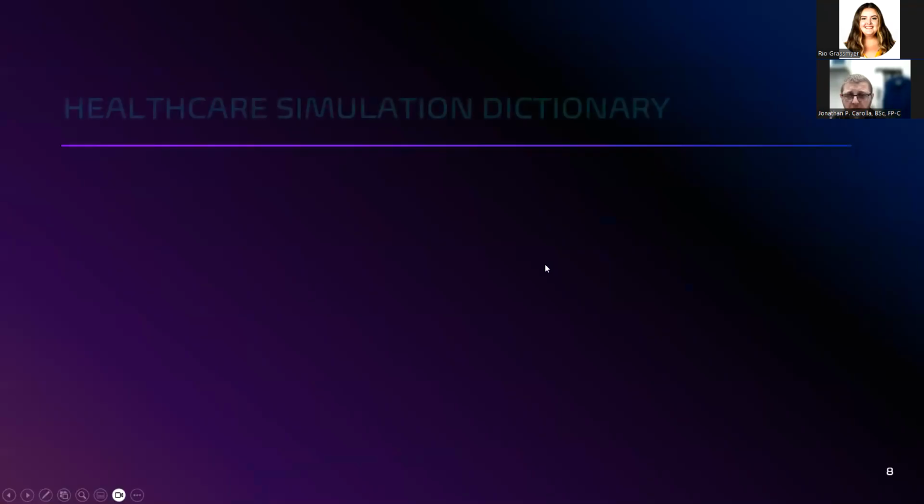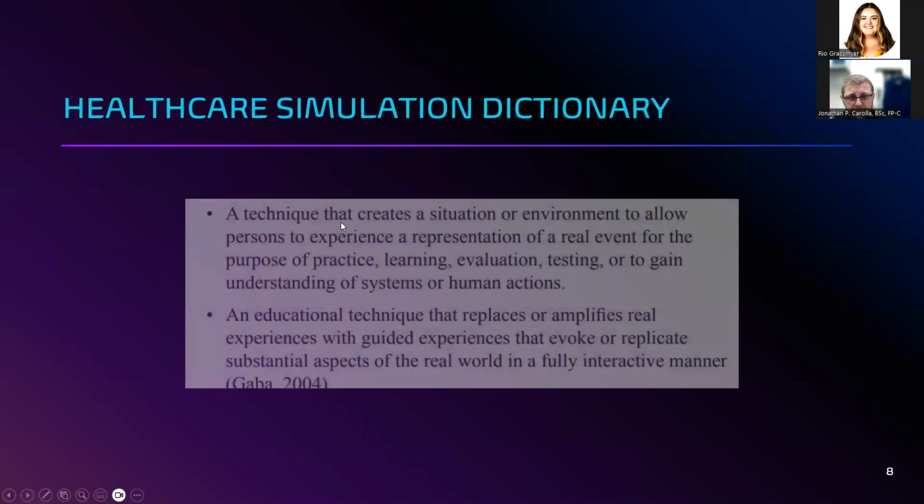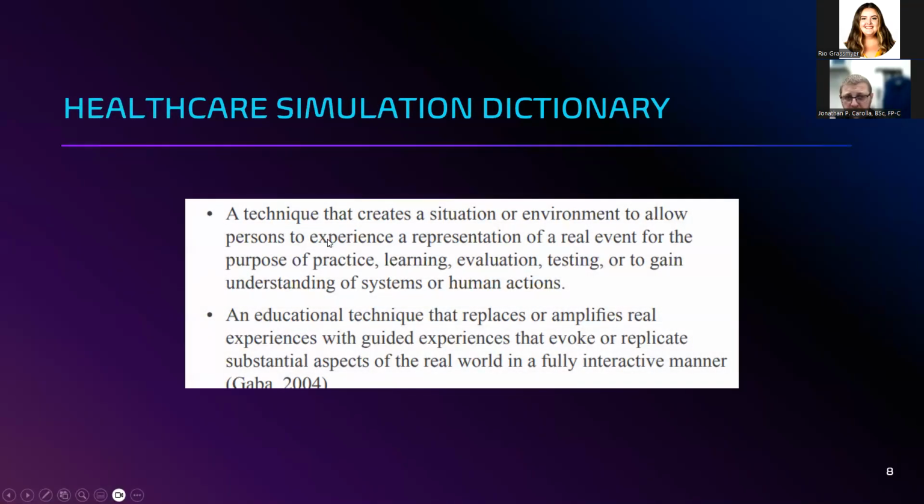I got their definition: simulation is a technique that creates a situation or environment to allow a person to experience a representation of a real event for purposes of practice, learning, evaluation, testing, or to gain understanding of systems or human actions. I read that off not because I like reading slides, but to give an overview of simulation at its core.